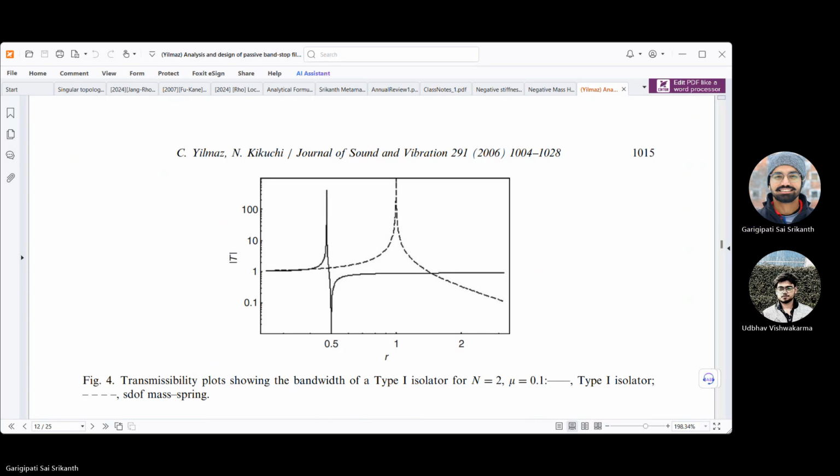Yeah. So this was the single degree of freedom spring mass system, the dashed line. Then because of this lever arm mechanism, that frequency has shifted from 1 to something like 0.5, 0.4. So that seems useful.